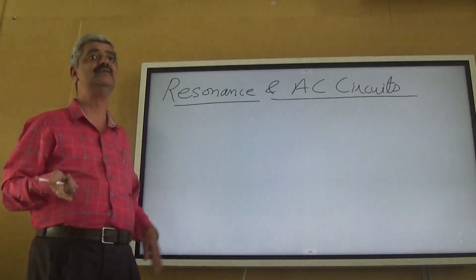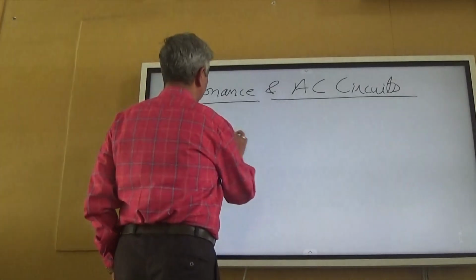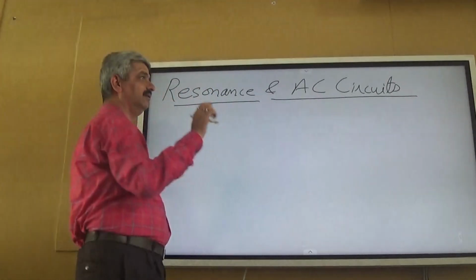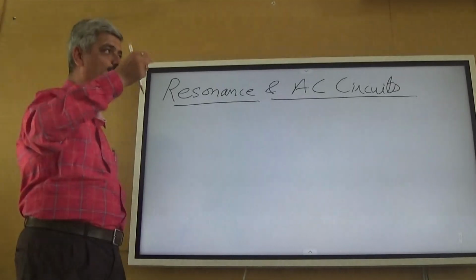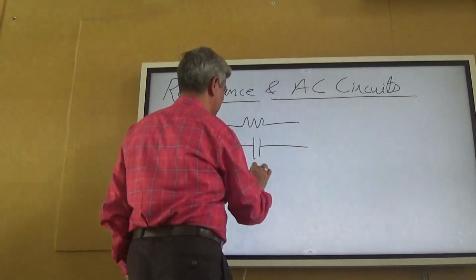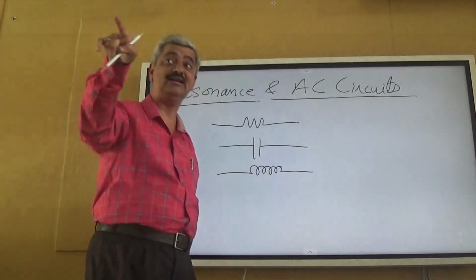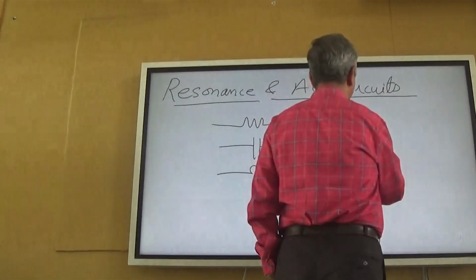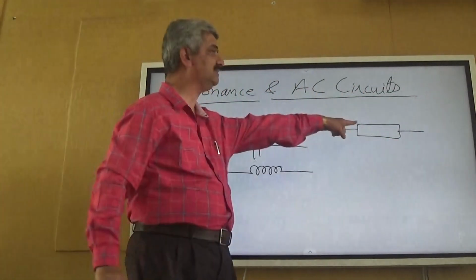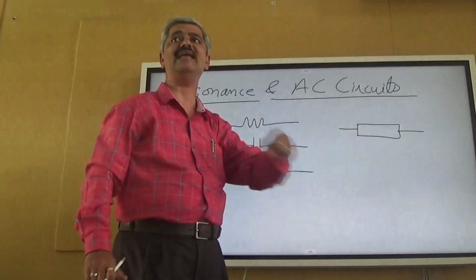When it is an AC source, there is the value of impedance. This is a resistor, this is a capacitor, this is an inductor. For a sinusoidal AC circuit, each of them is expressed by such a small rectangular block as an impedance, meaning it can be anything.